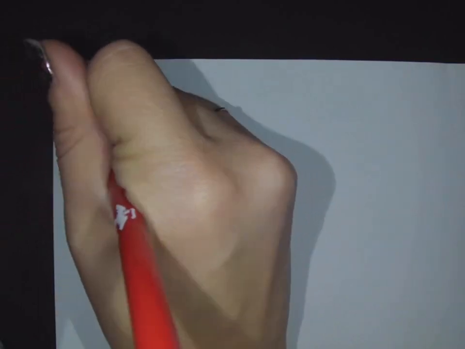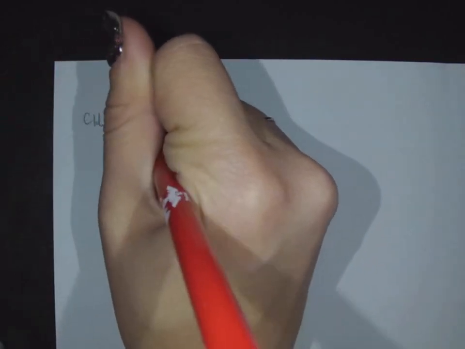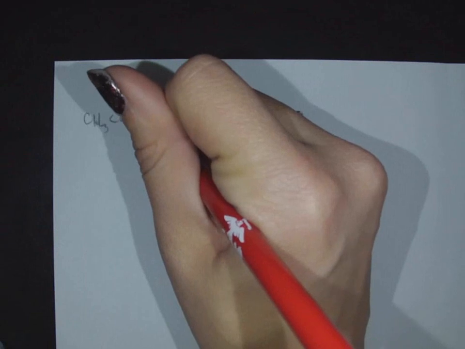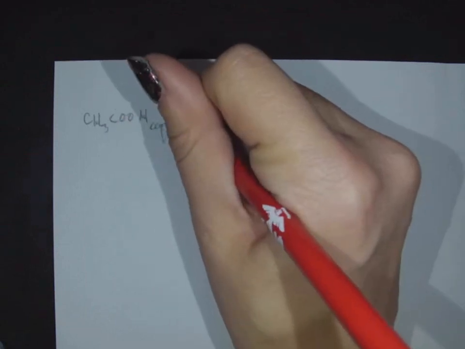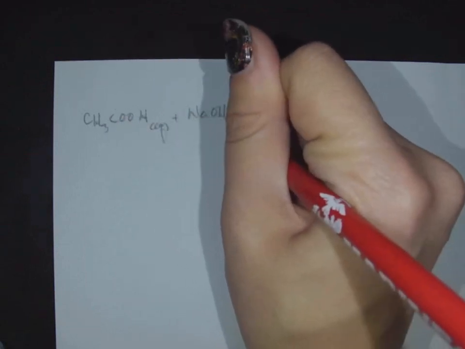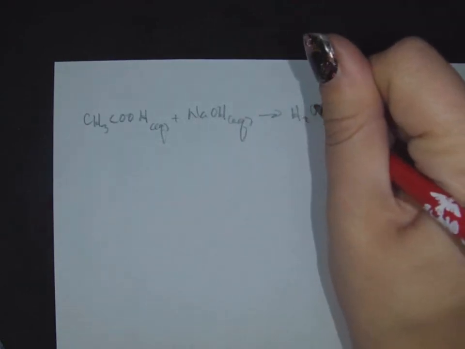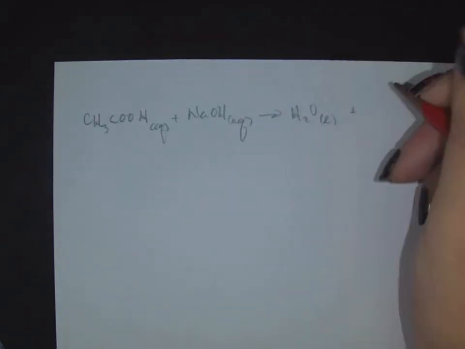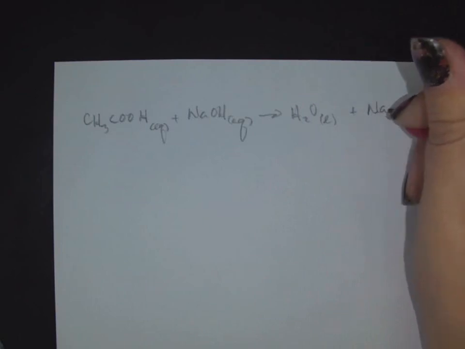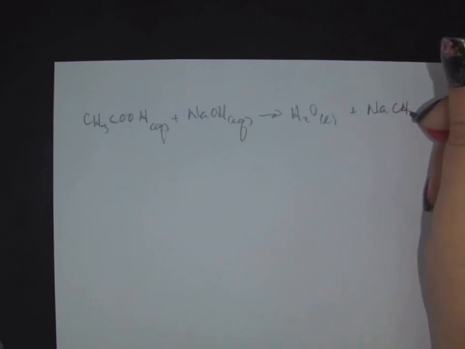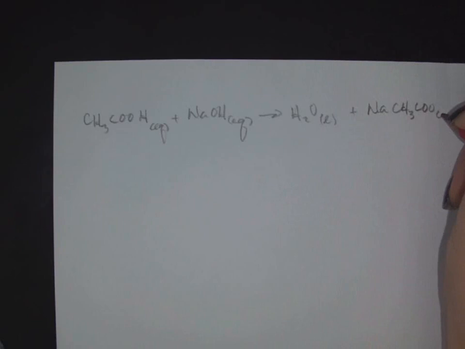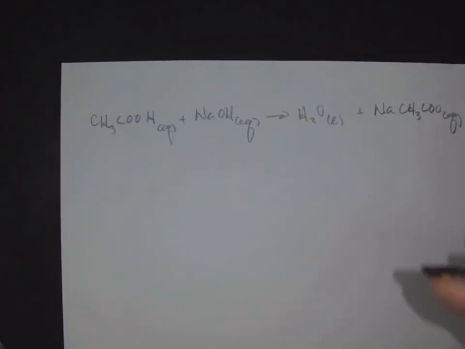But we had our weak acid, we had our strong base. We had it turn into water, liquid, and then the salt was sodium acetate, and we talked about why that one's aqueous.